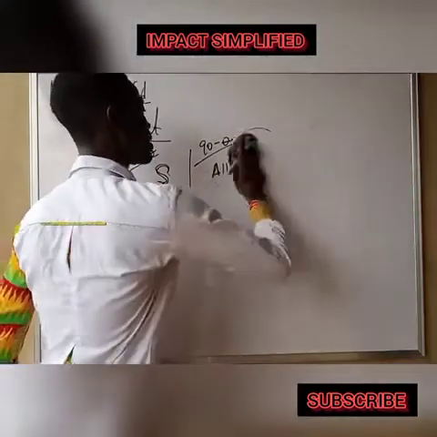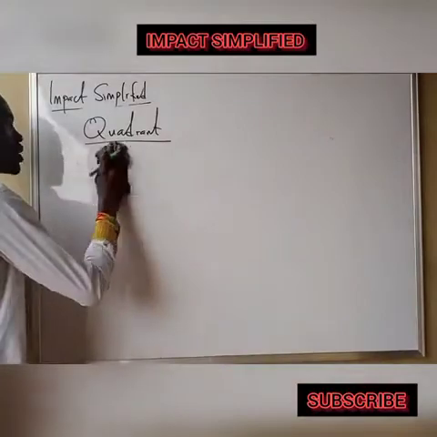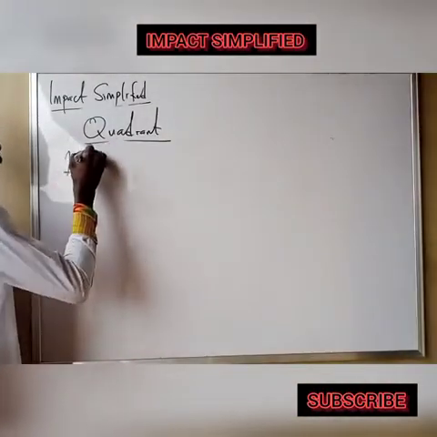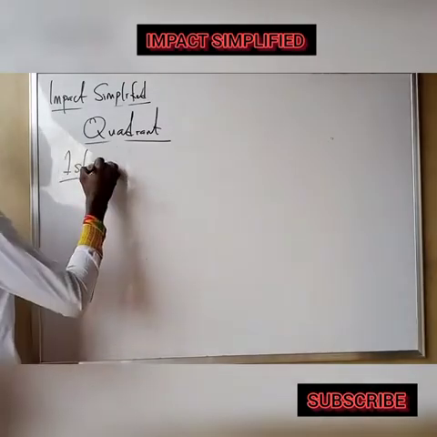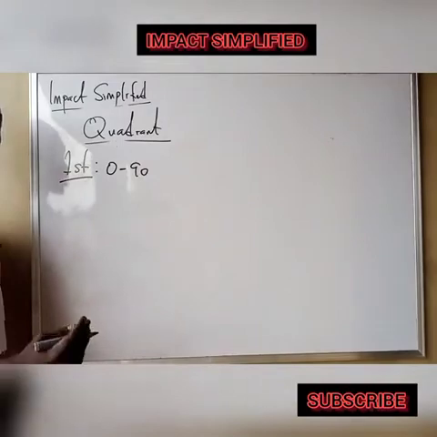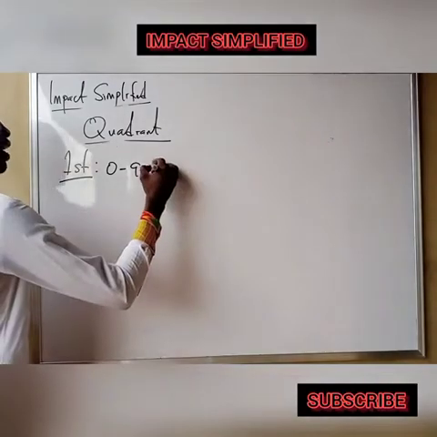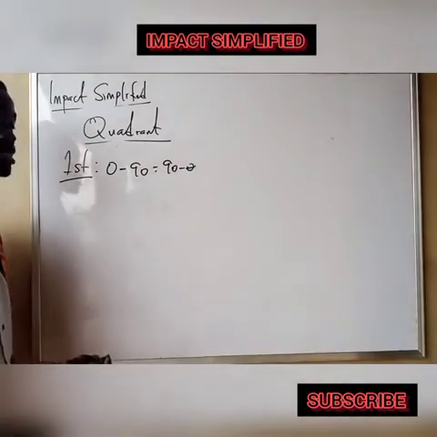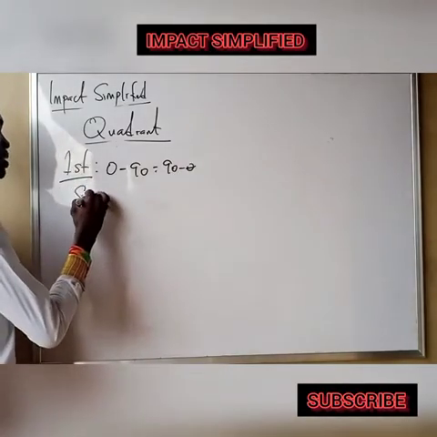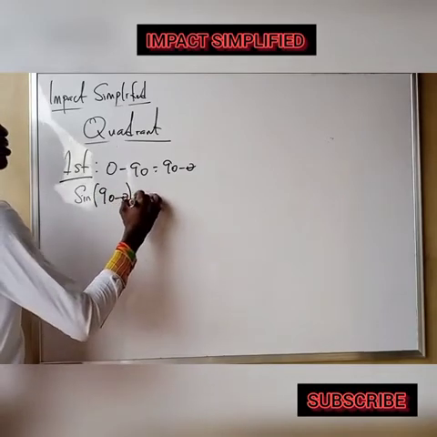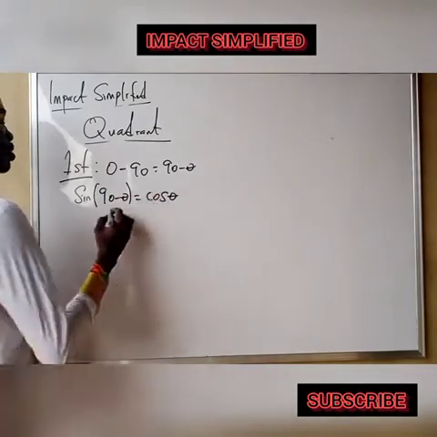Now let us look at the basis of quadrants and see what is happening in each section. What is the meaning of the first quadrant? That means we are talking of angle ranges of 0 to 90, and we have said that the angle on the first quadrant is 90 minus theta. So sine 90 minus theta is equal to cos theta.